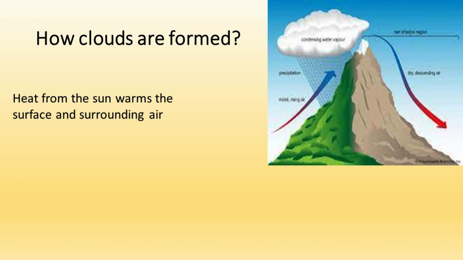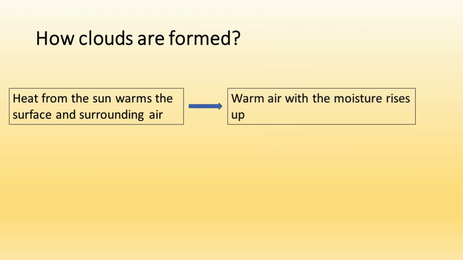A cloud is a mass of minute water droplets or tiny crystals of ice formed by the condensation of water vapor in the free air at considerable height. How are clouds formed? Heat from the sun warms the ground. Both the surface and the surrounding air get warmed. The warm air rises from the ground, containing water vapor or moisture.